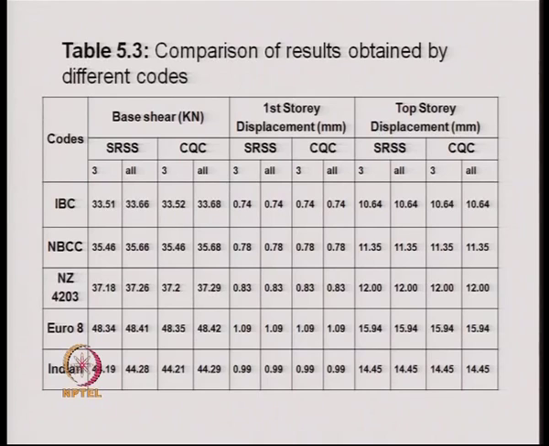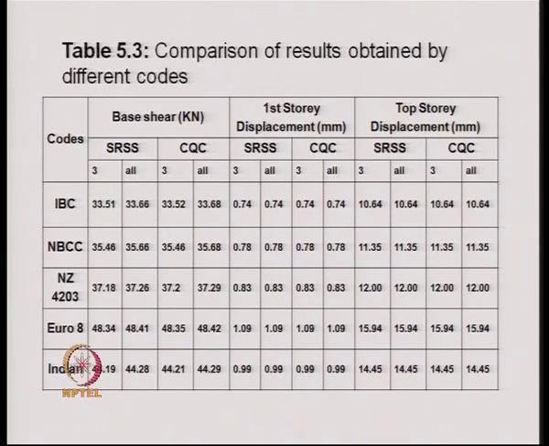The results are summarized over here. IBC is the International Building Code, NBCC is the National Building Code of Canada, NZ is the New Zealand code, Euro 8 is the Euro code, and then the Indian code. The comparison for the base shear, the first story displacement and the top story displacement are shown in this table.